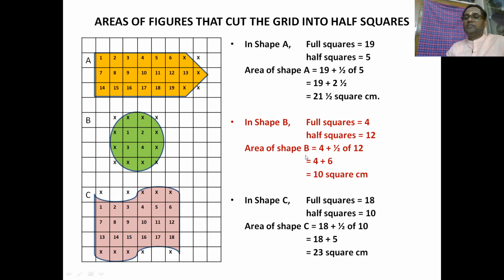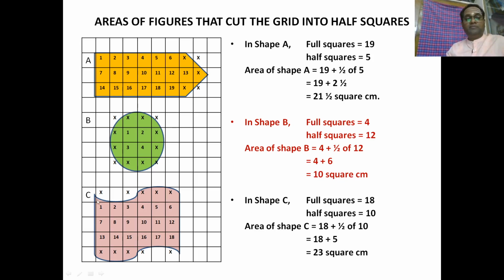So area of the shape will be number of full squares, that is 4, I'll keep as it is. And I'll take half of the half squares. So half of 12 makes 6. So 4 as it is plus half of 12 is 6. 6 plus 4 is 10 square centimeter.